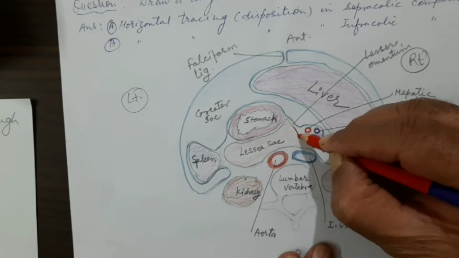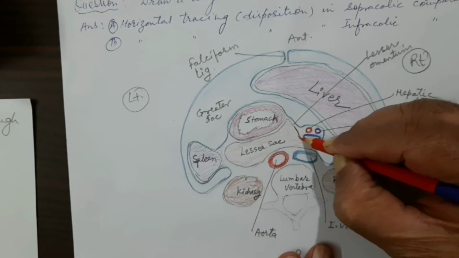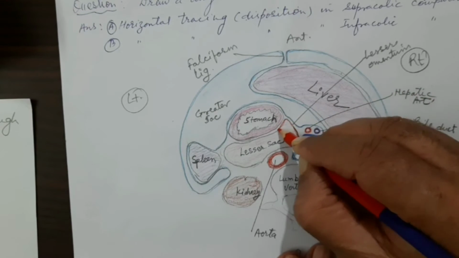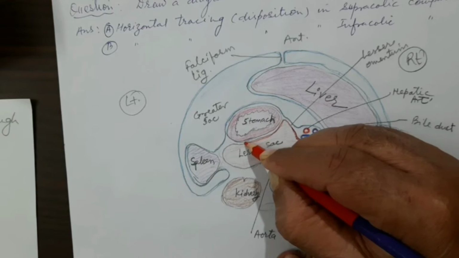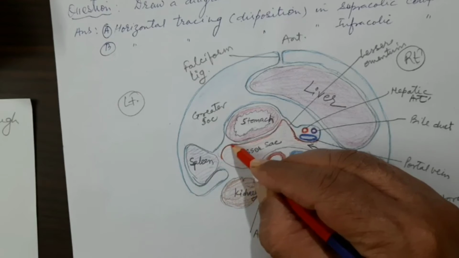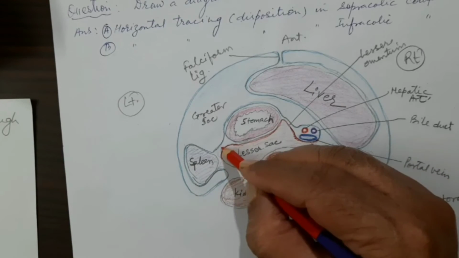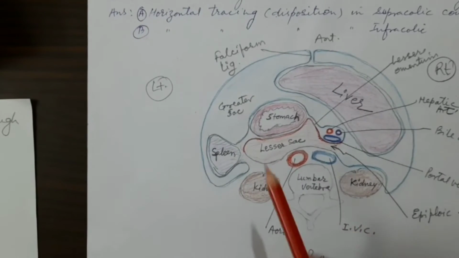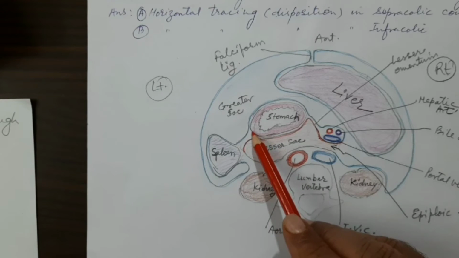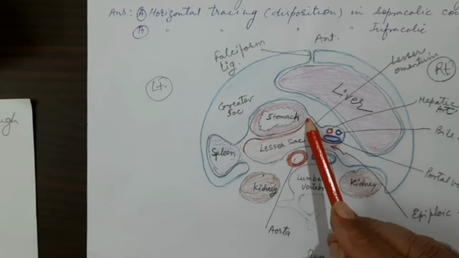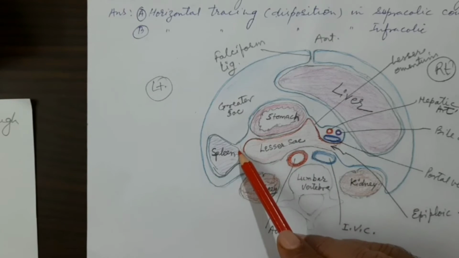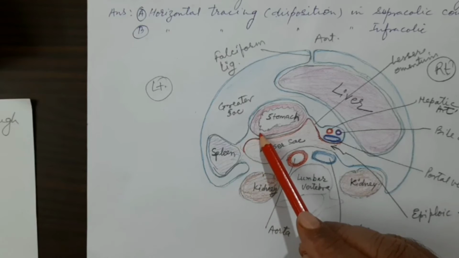And here, this red color lining I am drawing is the posterior layer of the lesser omentum, which now covers the posterior surface of the stomach, and then forms a double fold of peritoneum. This fold extends from the greater curvature to the hilum of the spleen.